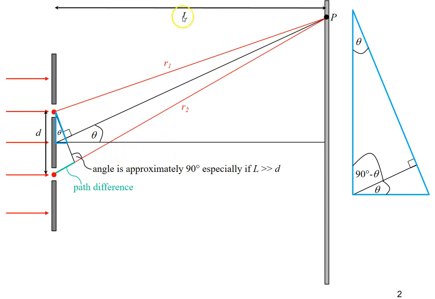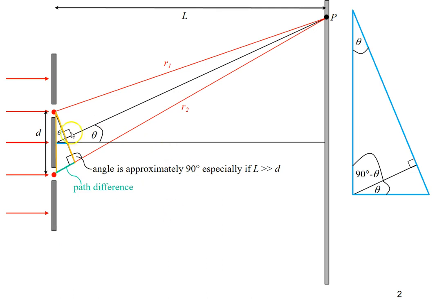The reason that's true is that L is going to be a lot bigger than D. So I'm going to make the approximation that these two angles are 90 degrees. I know that can't be true if this is a triangle, but I'm assuming that the angle up here at the tippy top of my isosceles triangle is really, really small. So I get approximately 90 degrees.